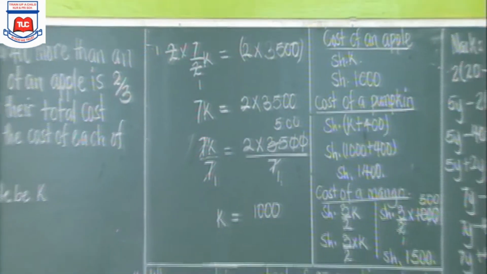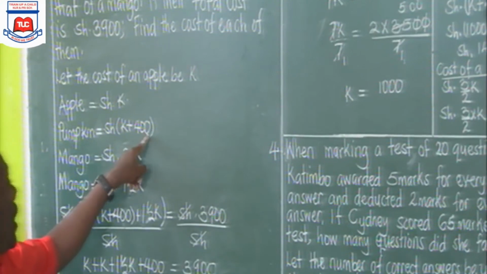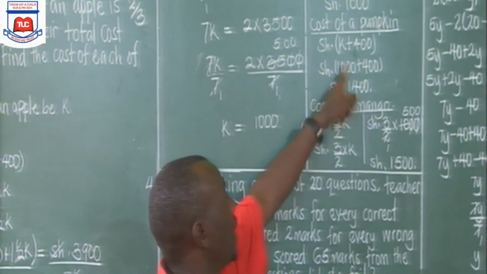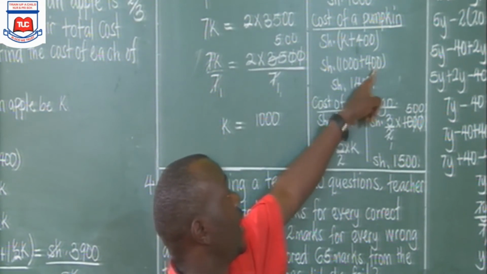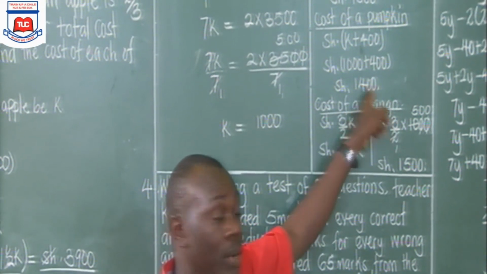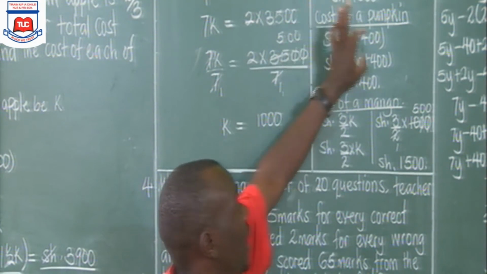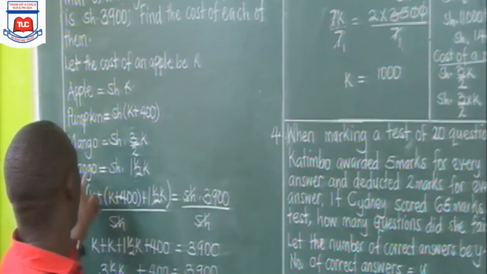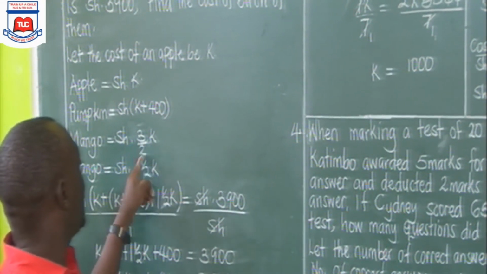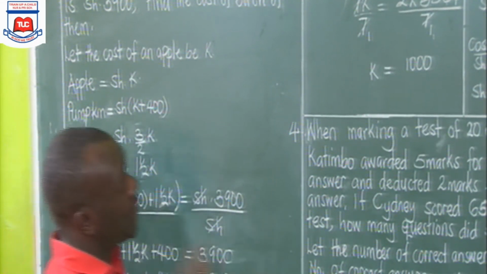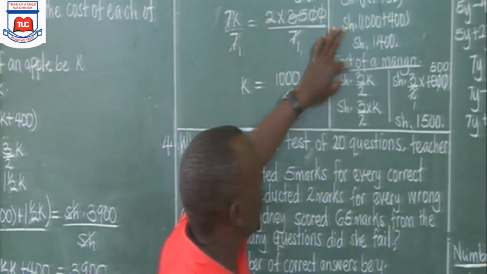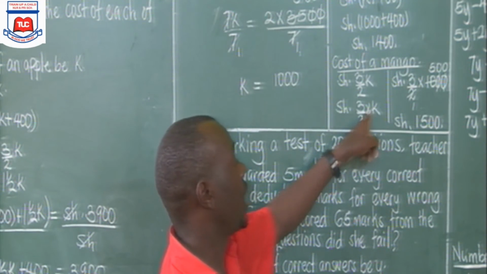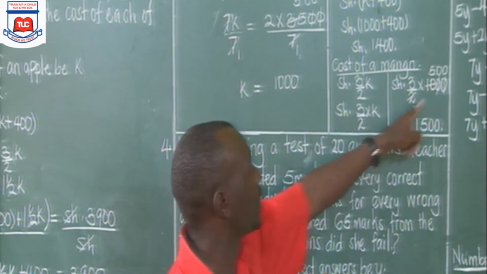Then go back to pumpkin. The pumpkin costs k plus 400 shillings. We say cost of a pumpkin is k plus 400 shillings, and then substitute 1,000 for k plus 400, which is equal to 1,400 shillings. Actually, a pumpkin costs 1,400 shillings. Then cost of a mango is 3 halves k, 3 out of 2k, which means 3 halves times k shillings, which k is 1,000.